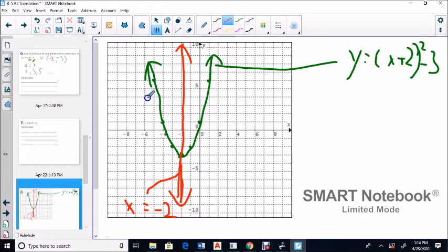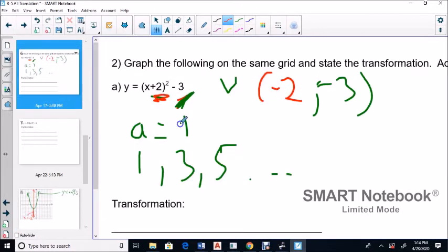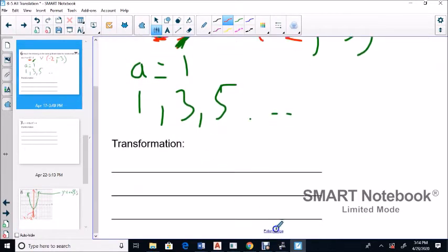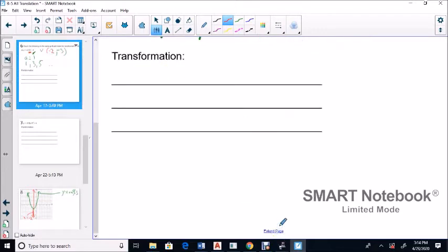Okay, transformation. So look at this. There's no vertical stretch. It's just the standard 1, 3, 5. There's no reflection. There's no nothing. So we'd have none of those. It only went to the left by 2 and down by 3. So let's fill that in. So down here, we've got horizontal translation.